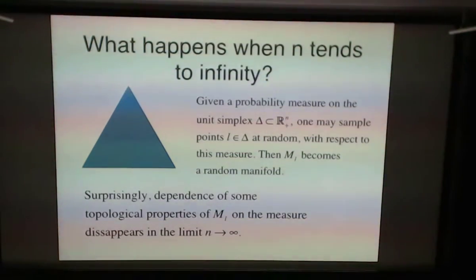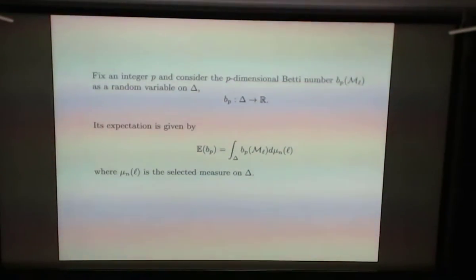So what happens when n goes to infinity? We will look at the Betti numbers of these manifolds. We fix P, which is a dimension, let's say 5.